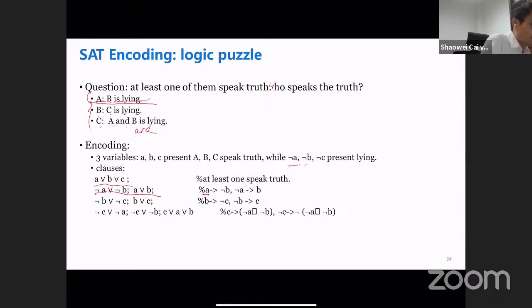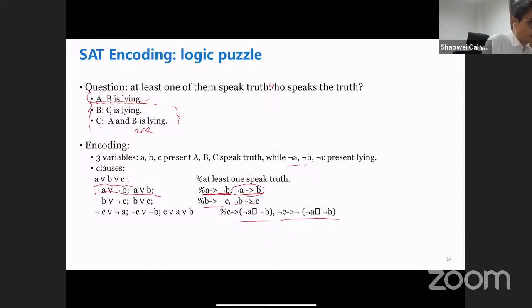So if A says the truth, then B is lying. So we have A implies not B. And on the other side, if A is lying, then B speaks the truth. So we have a pair of clauses here. And for the other sentences, we also have a pair of clauses for each of them.